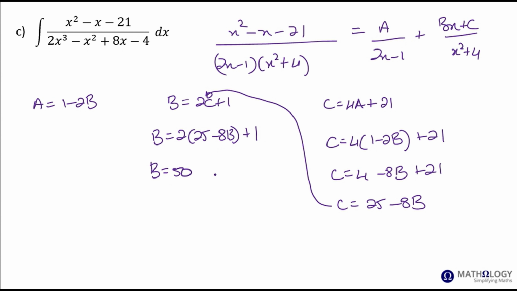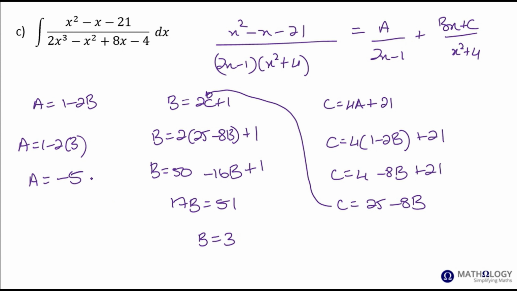B equals 50 minus 16b plus 1. 17b equals 51, which means that b equals 3. So a equals 1 minus 2 times 3. 1 minus 6 is minus 5. And then c is 25 minus 8 times 3. 25 minus 24 is 1.